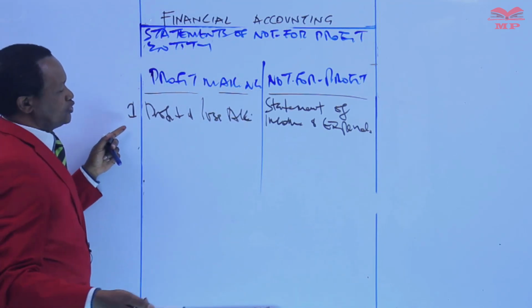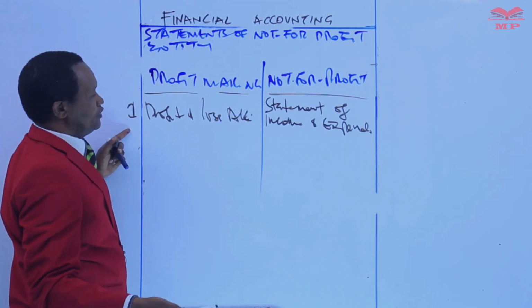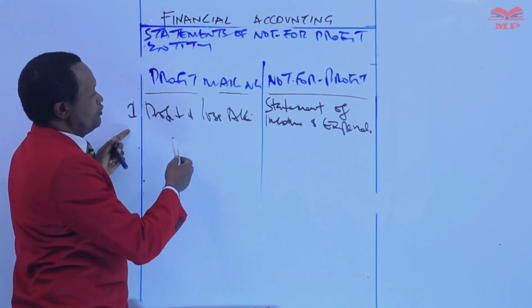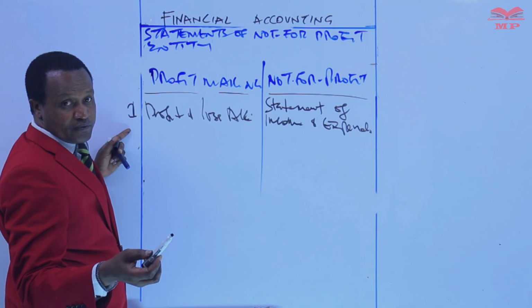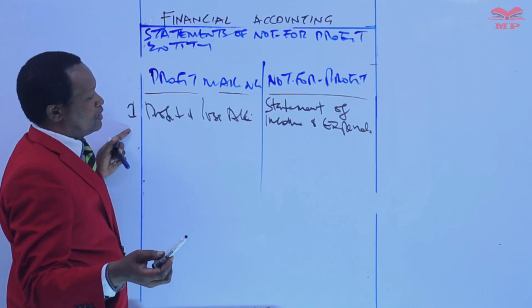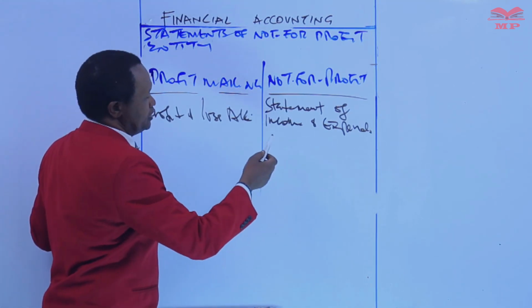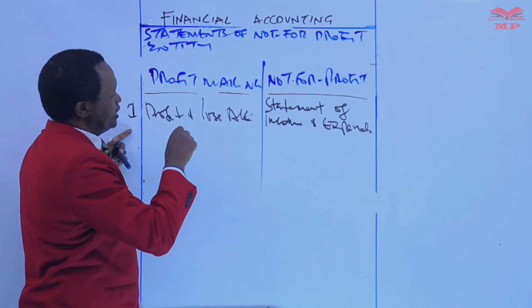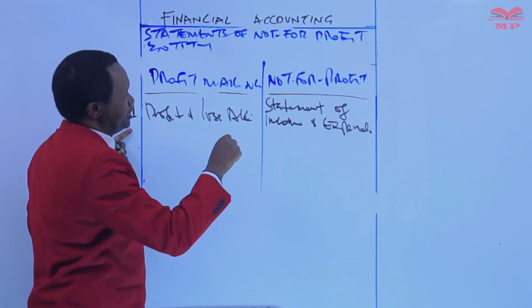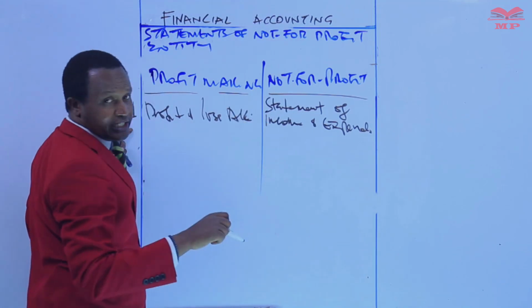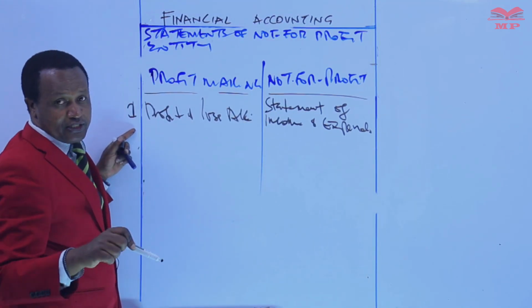Those organizations who exist to make profit prepare a profit and loss account. All right? But for not-for-profit organizations, what we know as a profit or loss account for the profit-making organization is the statement of income and expenditure.